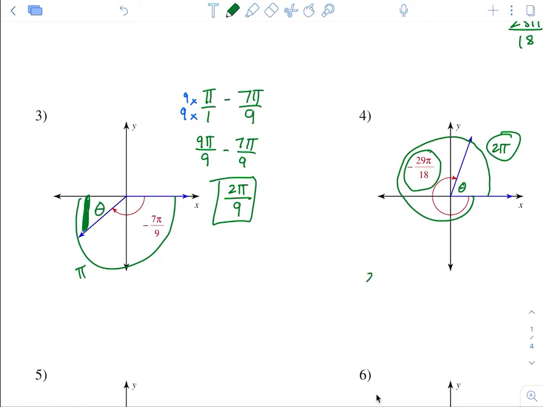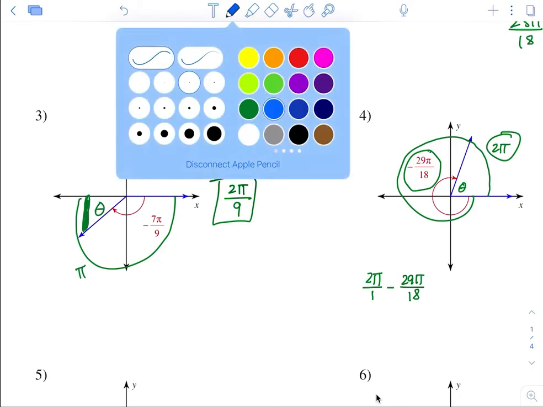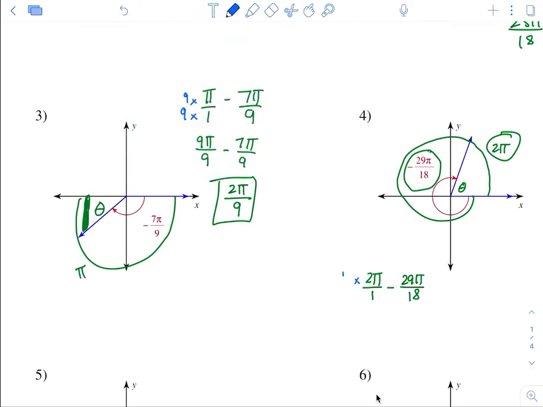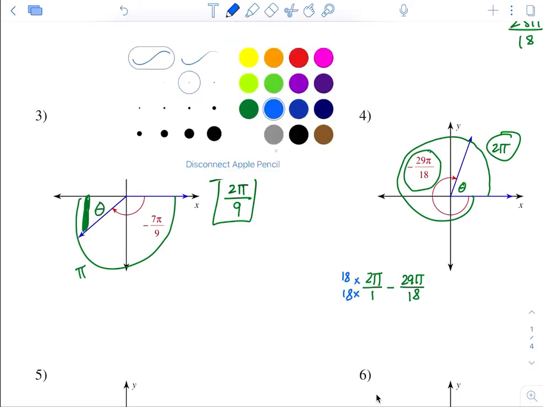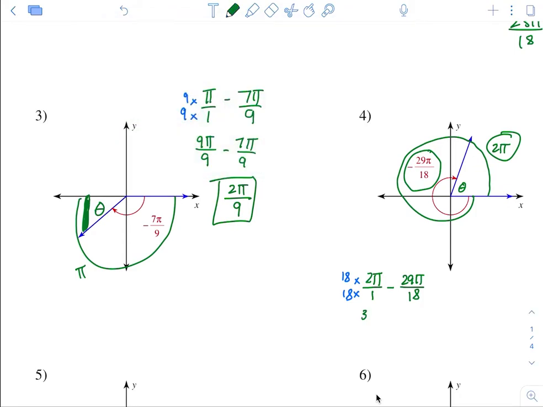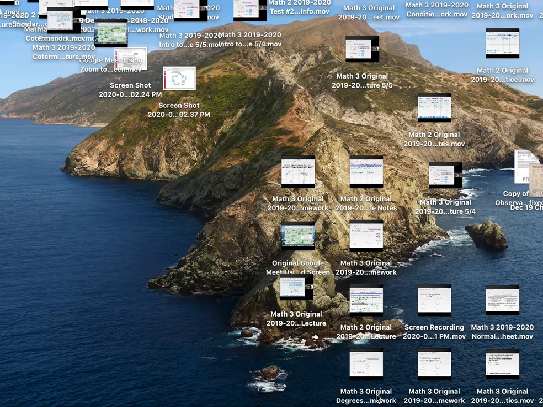So we get 2 pi minus 29 pi over 18. Put this over 1. Common denominator, multiply top and bottom by 18. So we're going to get 36 pi over 18 minus 29 pi over 18. So 36 pi minus 29 pi is 7 pi.